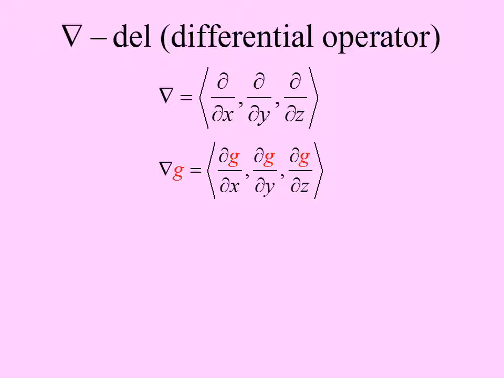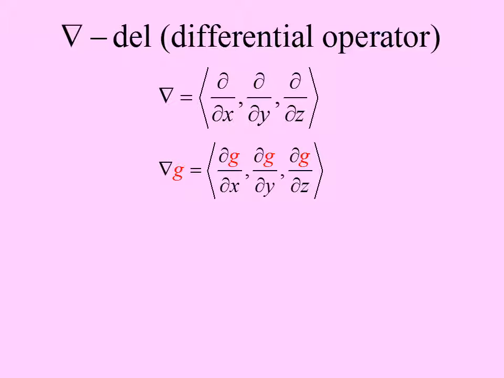So, when we combine the del operator with something, it's a very similar situation to multiplication. So, we're basically taking the del vector that we have up here and putting a g with each component.